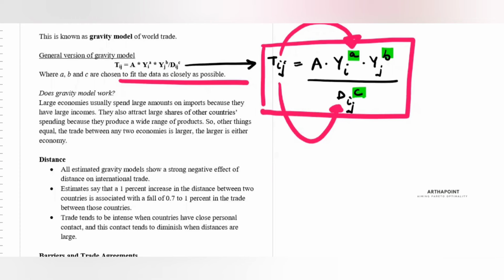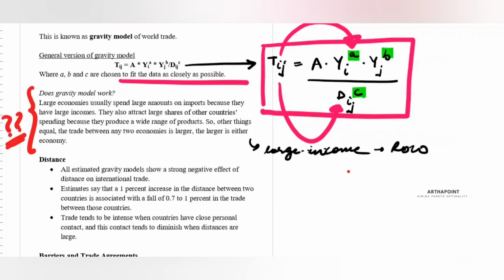Now the question is, does this gravity model actually work? Have we seen this model working in the past? The answer is yes, we can see this in past transactions. Countries which have large incomes do a large amount of transactions with the rest of the world.